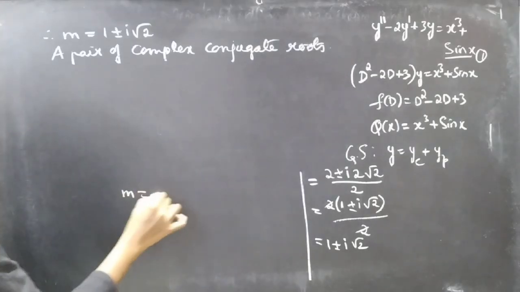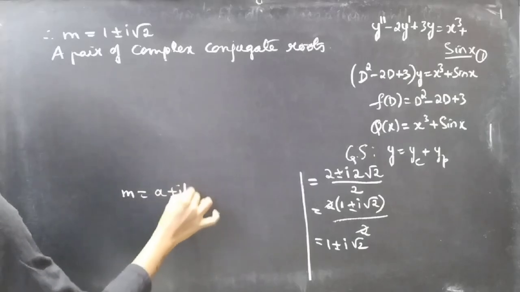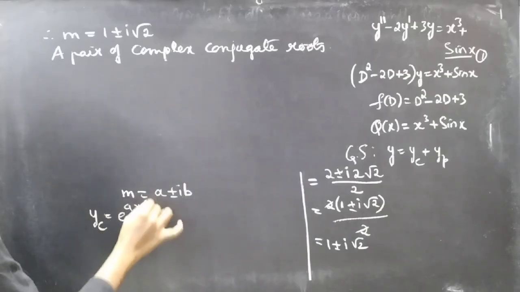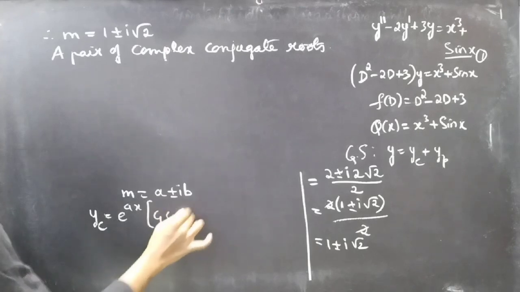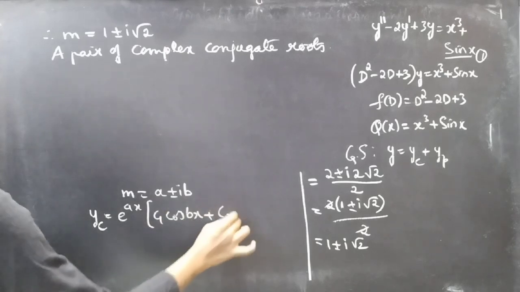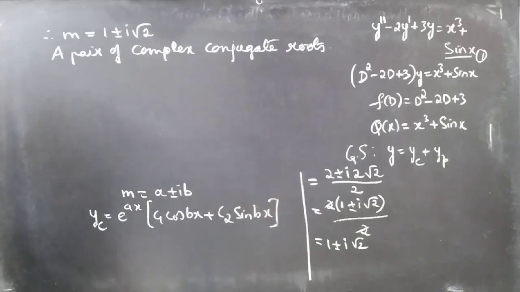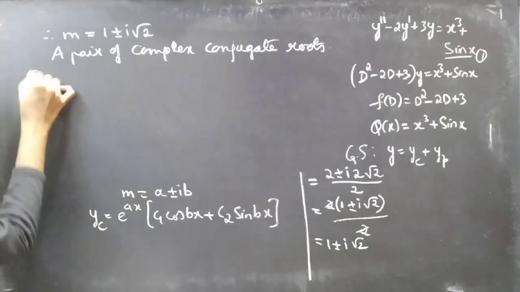We know that when m equal to a plus or minus ib, then yc looks like e power ax into one constant c1 into cos bx plus another constant, say c2, into sin bx, right? Now with the help of this formula, we'll find the complementary function to our problem.